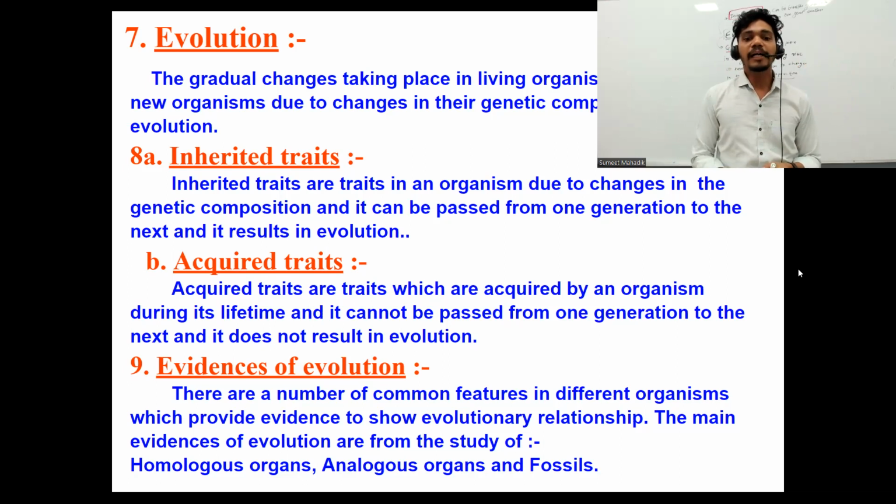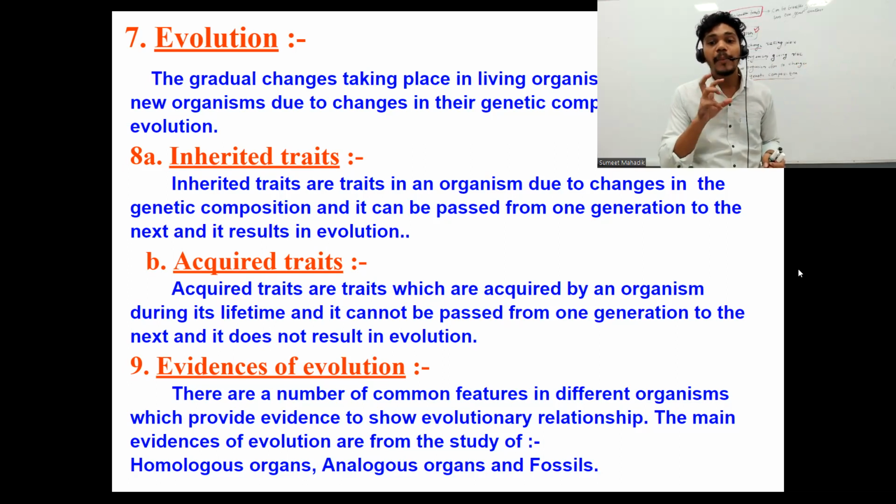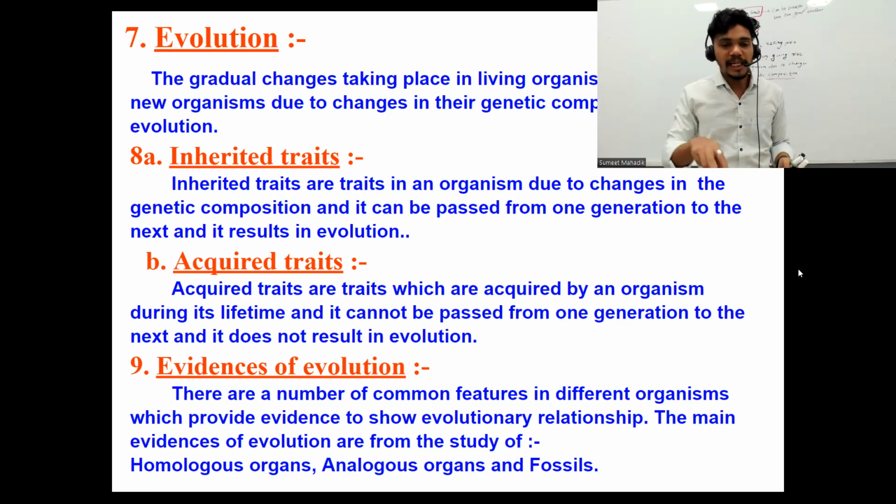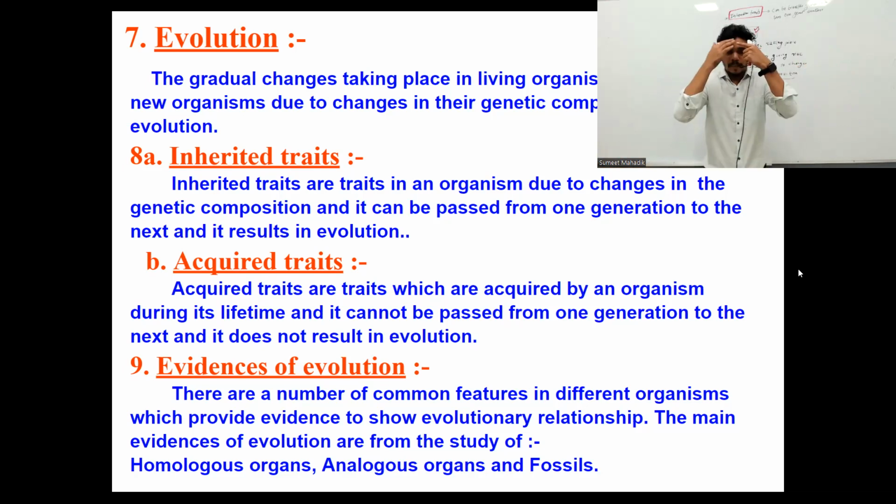So acquired traits are the traits which are acquired by an organism during its lifetime and cannot be passed from one generation to another. For example, right now my skin coloration is a little dark. If I do gymming, my testosterone level increases, and if you keep on gymming, skin coloration may fade, not exactly, maybe.